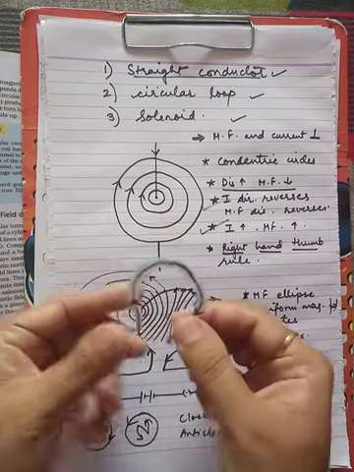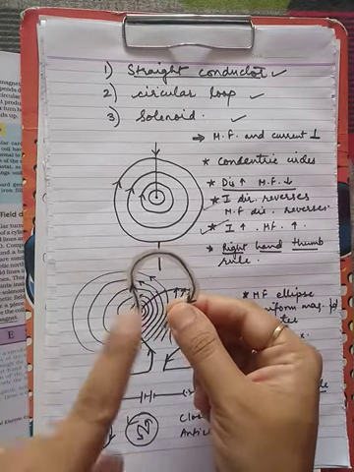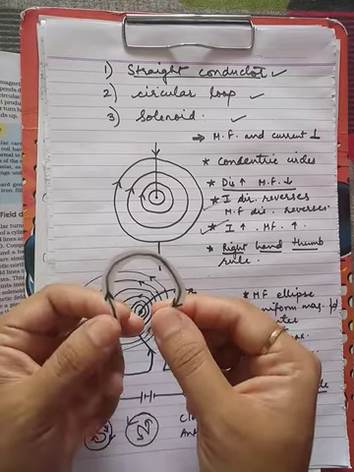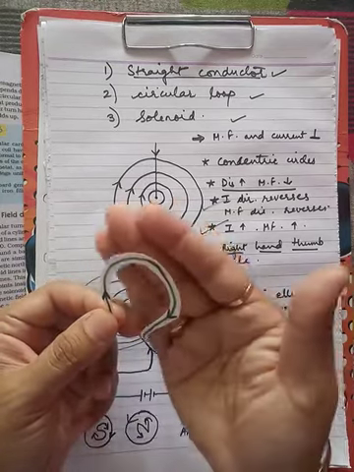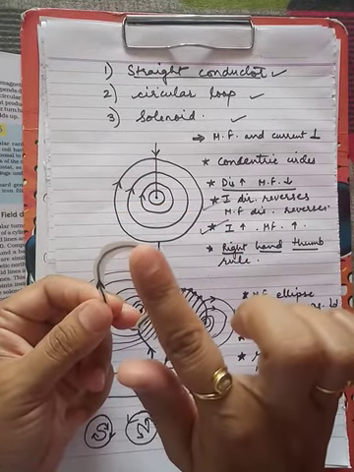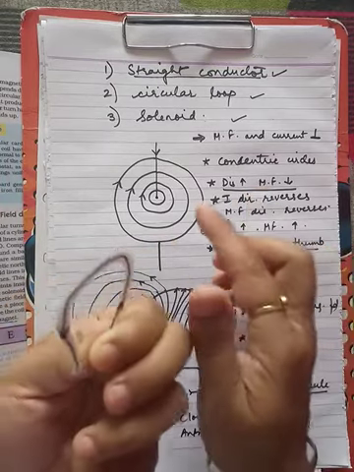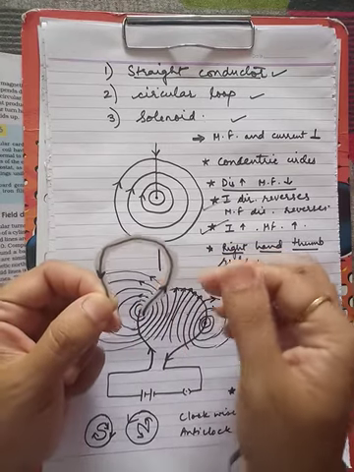Suppose this is a loop, current direction is this, current direction is this, that means clockwise. And opposite face of this is this one. So that means this face is the south pole, and the other face, if I turn it around, is like this.